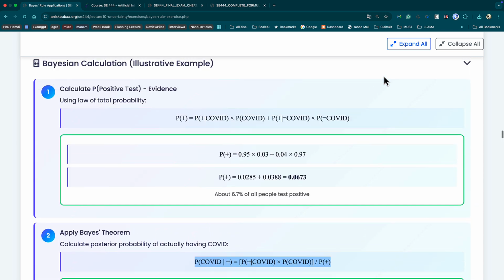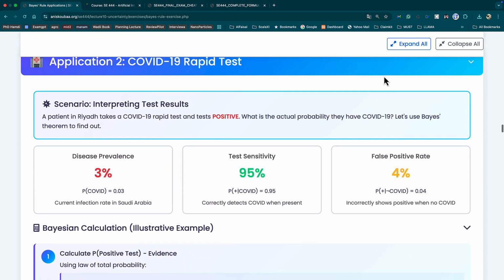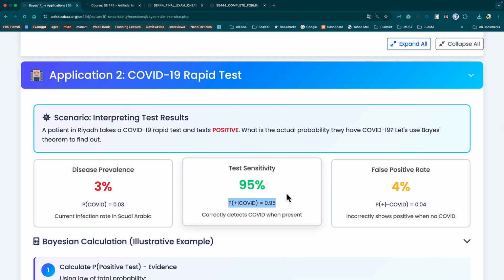So for doing that, this is what is given to me. I have the probability of COVID, which is the prior. But here, I have the likelihood. The likelihood is provided. Before, in the previous one, we had to calculate the likelihood. Now it is provided, because this is the probability of the evidence given the hypothesis.